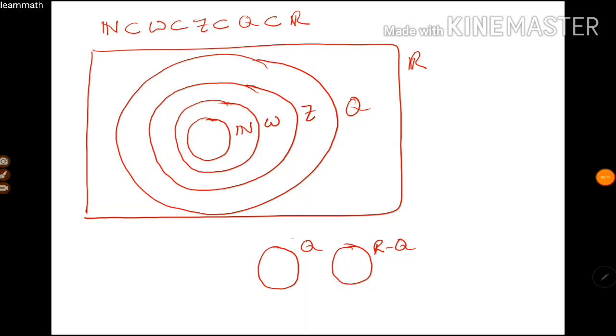Notice that both are disjoint sets, so we should draw them as separate circles. Okay, now take one rectangle which is real numbers. So this is the Venn diagram.